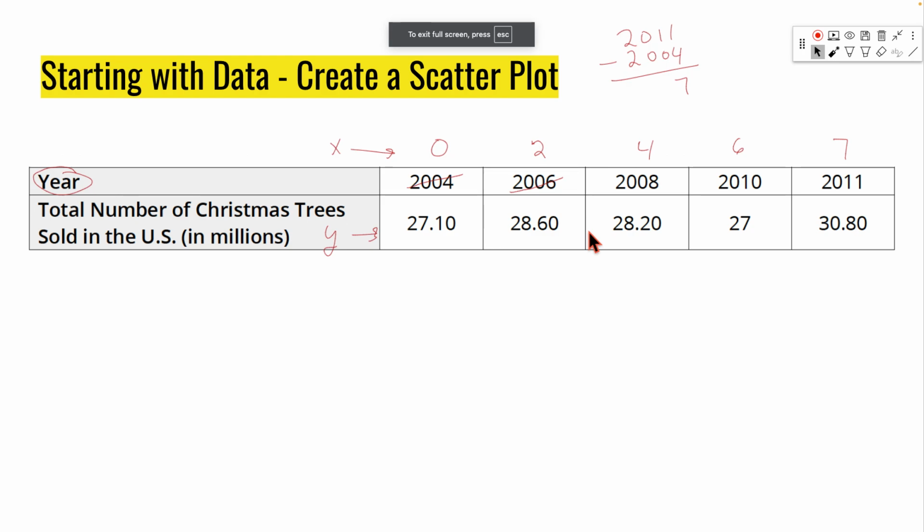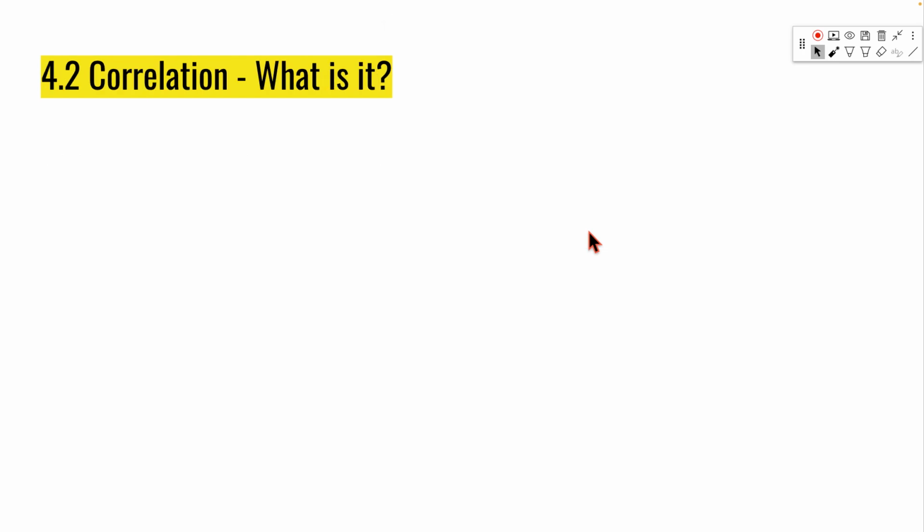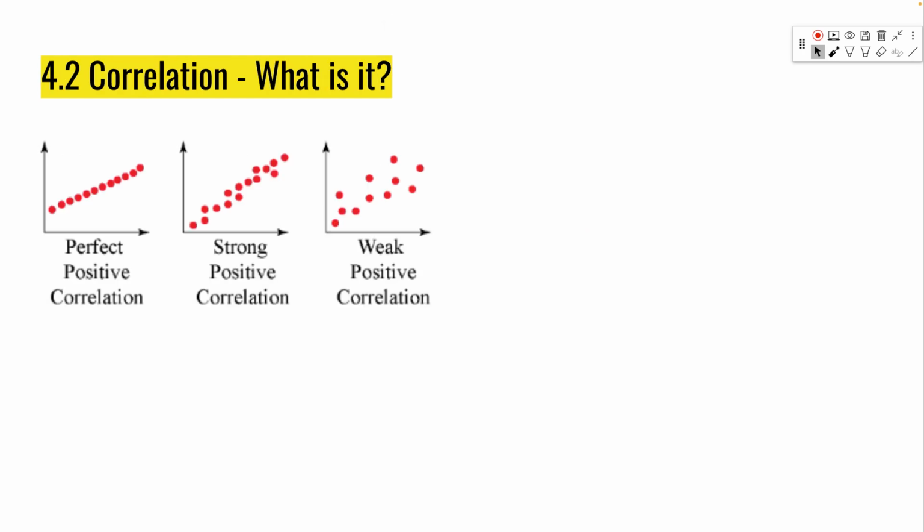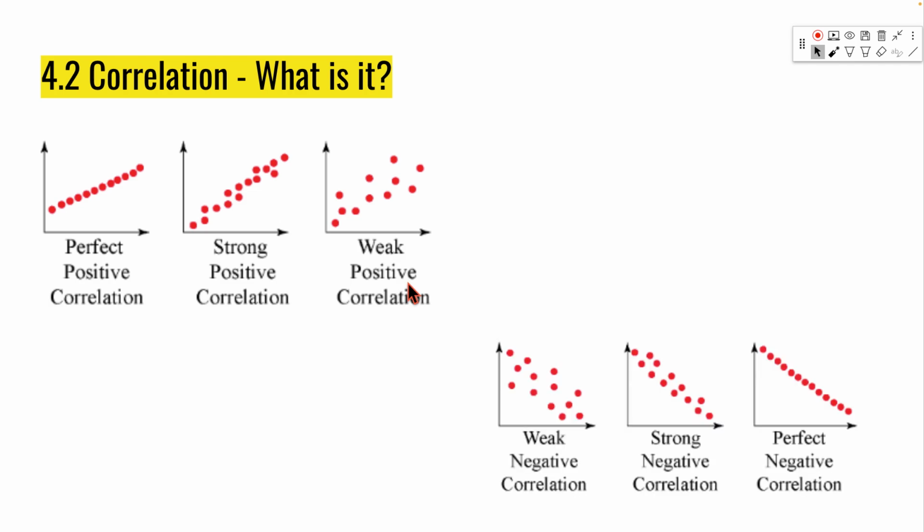Correlation, what is it? We kind of talked about it. It's how closely those data points fit the line. Perfect would be all in a line. Strong would be kind of close to that line, all going the general way but not exactly perfect. And weak is just kind of scattered, maybe all over the place. Then there's also correlation that goes downward, if things are decreasing.